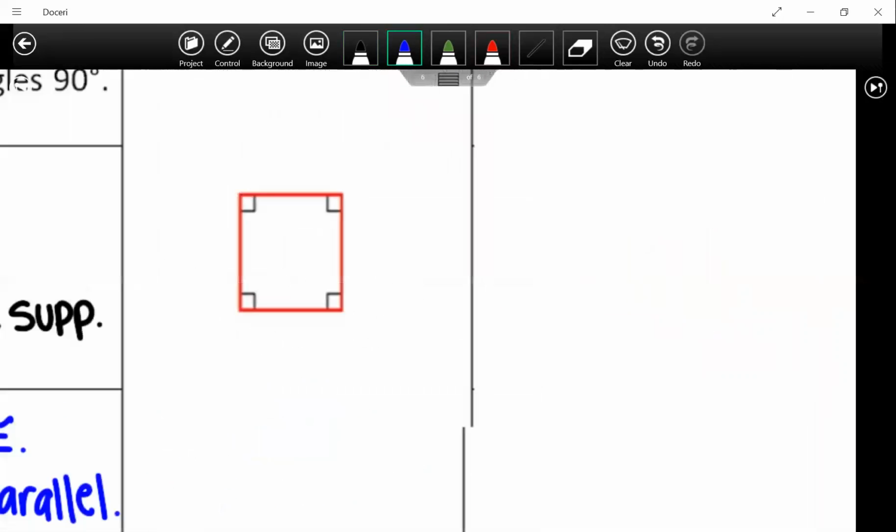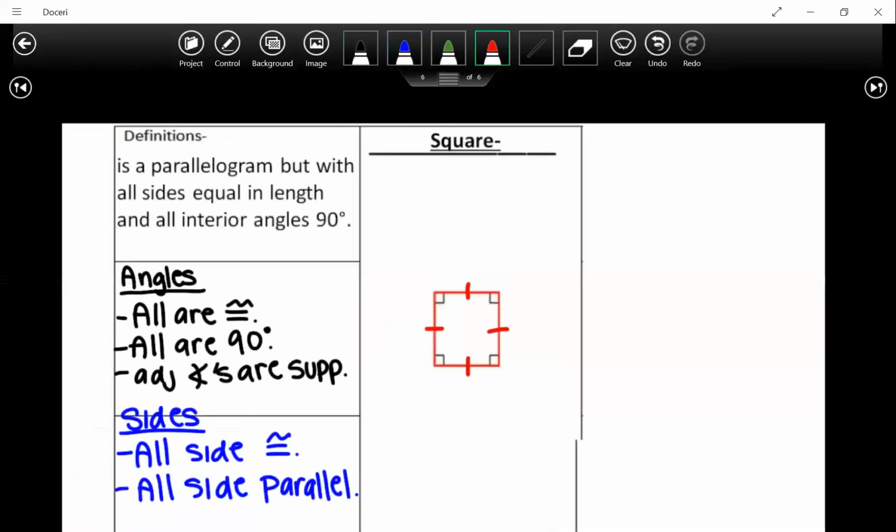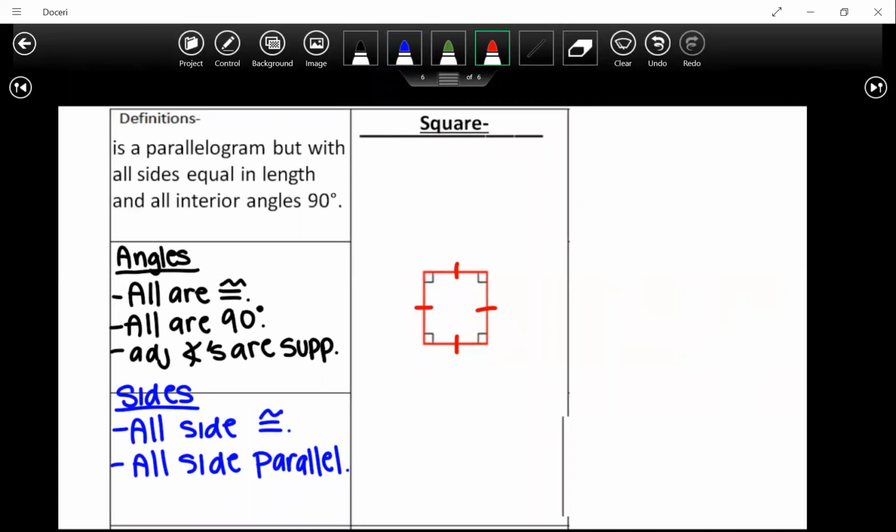We're going to make our marking to show that all sides are congruent. All of our angles are already congruent by showing it's 90. To show all sides are congruent, we're just going to make a mark like that. All four sides to show congruence. One mark shows that all sides are congruent.